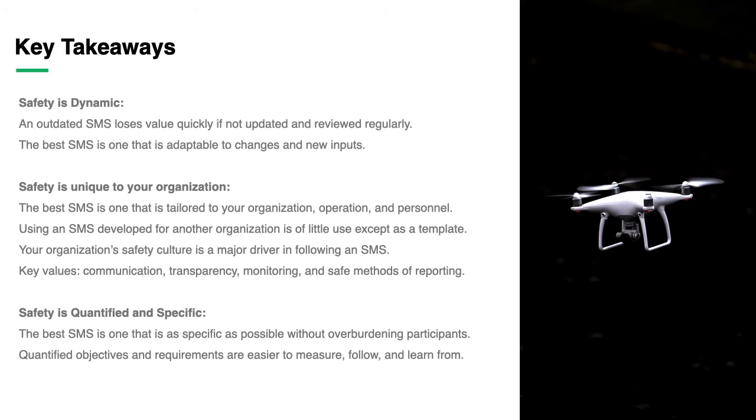And part of this comes from the safety culture that you implement as an organization. And lastly, safety, when quantified and specific, is going to be most helpful in terms of developing a safety program and processes for your enterprise drone program.